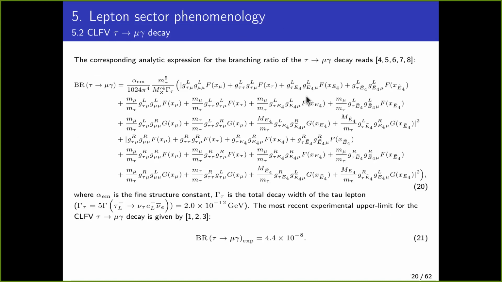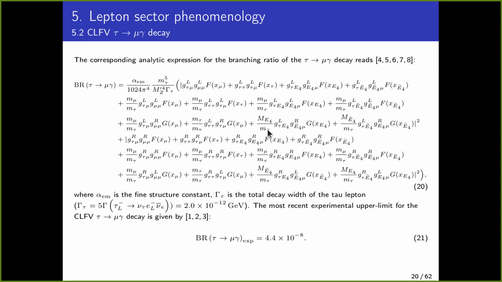As you can guess, the terms having enhancement factors are more dominant. This is the left-handed, and this is the right-handed. The experimental branching ratio for tau to mu gamma gives rise to this value, which is of logarithmic order -7.4.